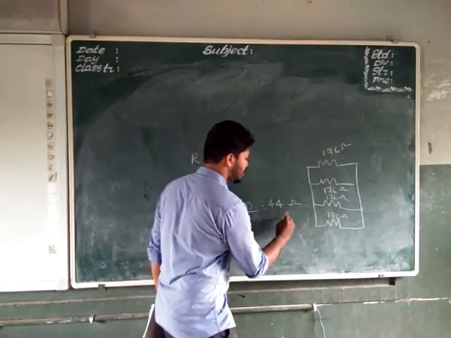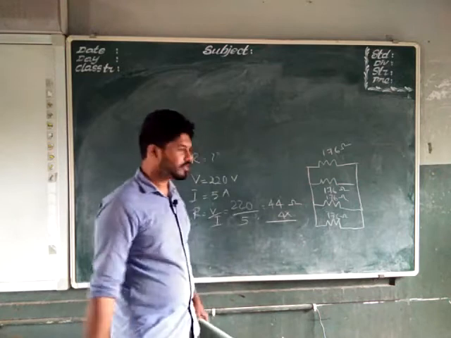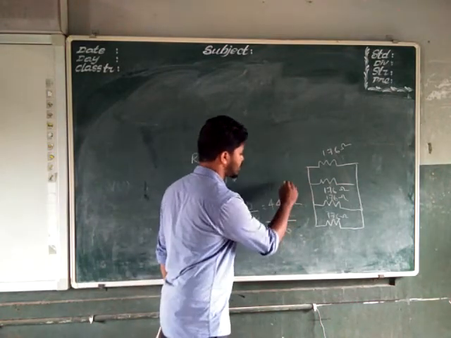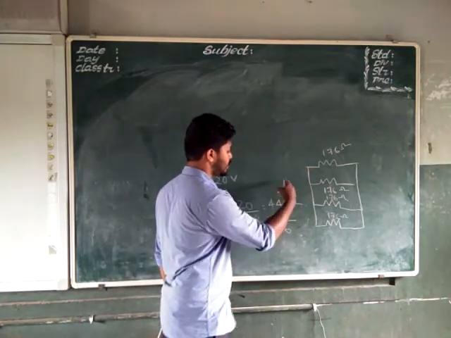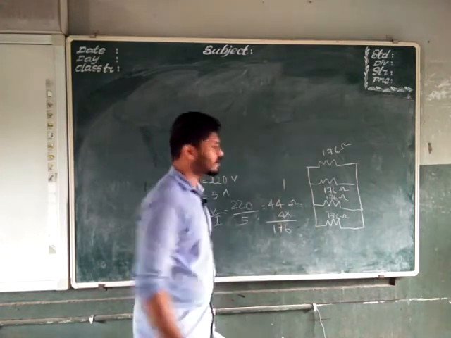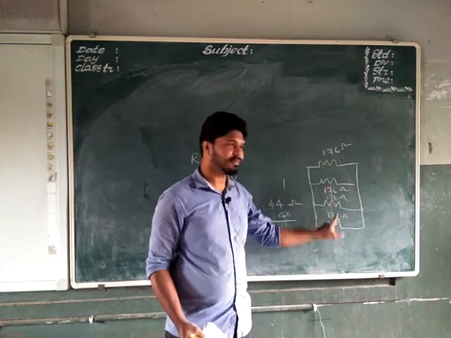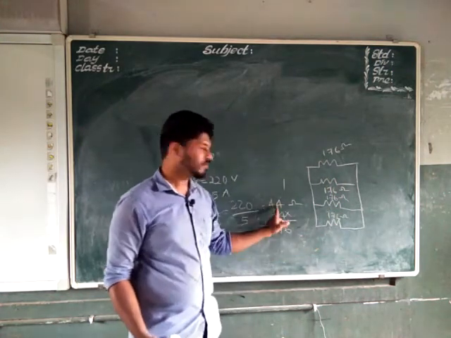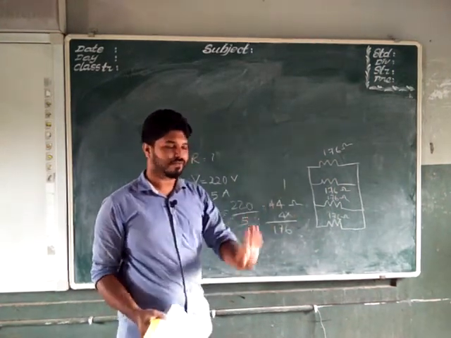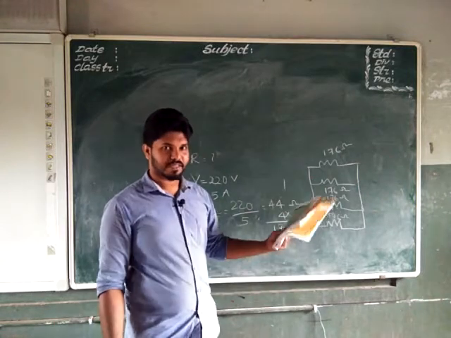44 into how much gives us 176? Into 4, isn't it? So 4 resistors of 176 when connected in parallel give us 44 ohms. So the answer is 4. You have to check it. Is it right or not?